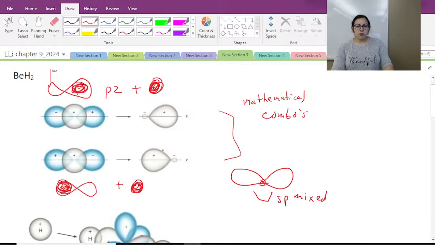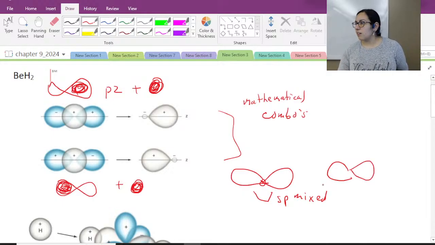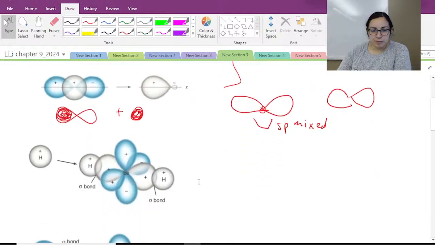So that's showing you we get this overall picture, but this is detailing the mathematical combination, because we have to consider both possibilities, where the closest parts are in phase on this side or they're out of phase on that side. So a larger lobe on one side plus a larger lobe on the other gives us the overall sp mixed orbital, which we just draw over exaggerated like that as well. So we kind of ignore the little middle thing.